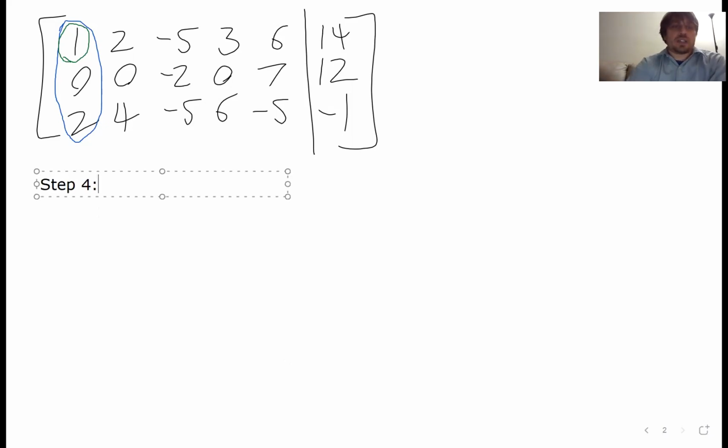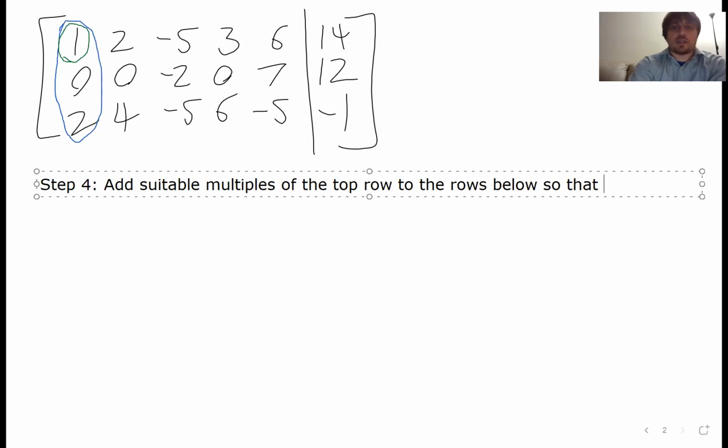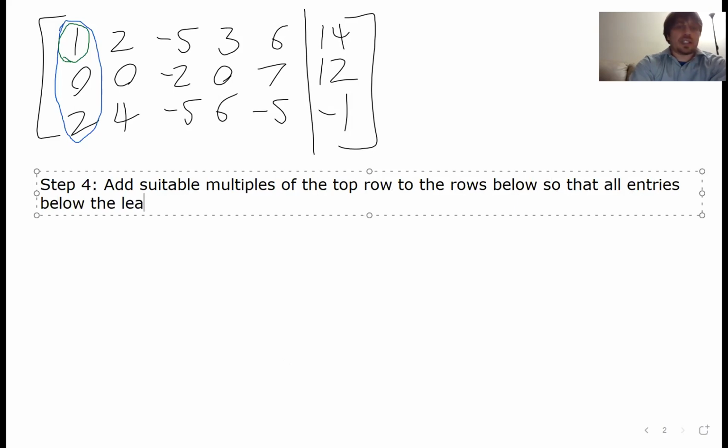So step 4 says the following. Add suitable multiples of the top row to the rows below, so that all entries below the leading one become zeros.